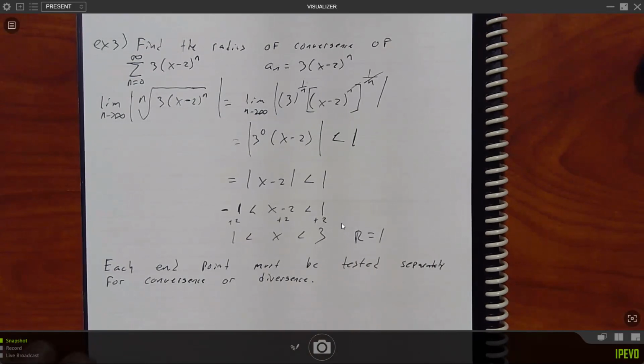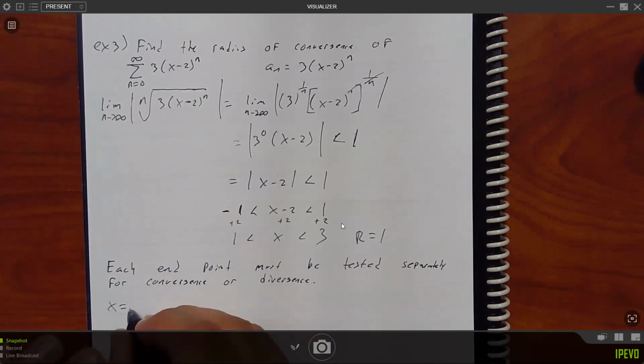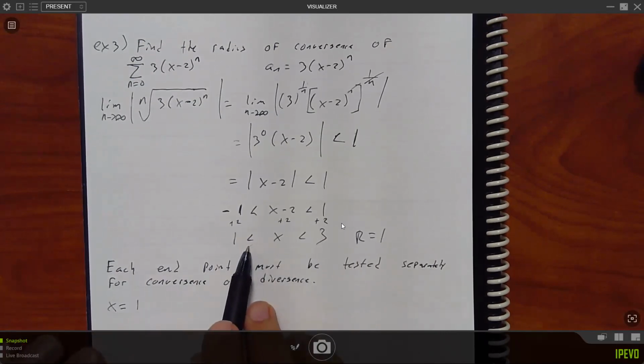So let's test x equal to 1. So I can include that. So instead of less than, I say equals.